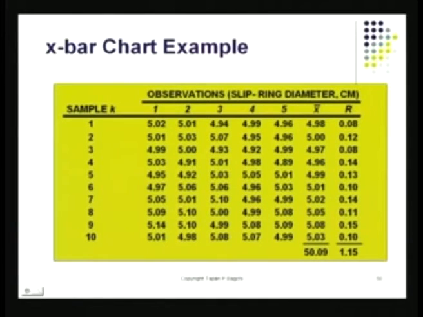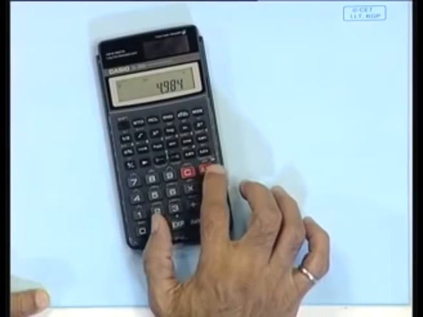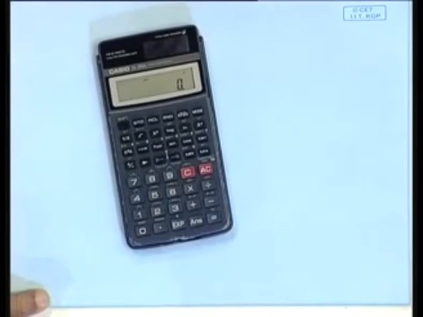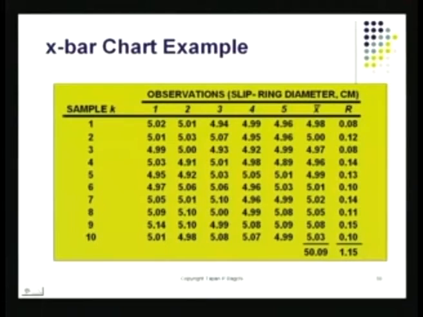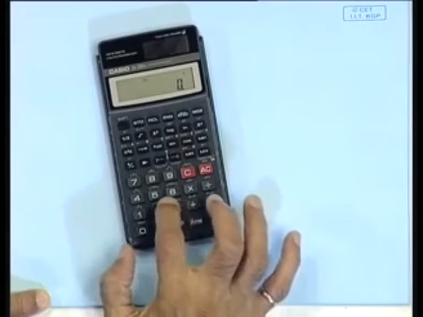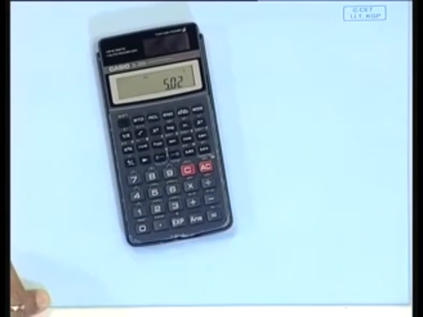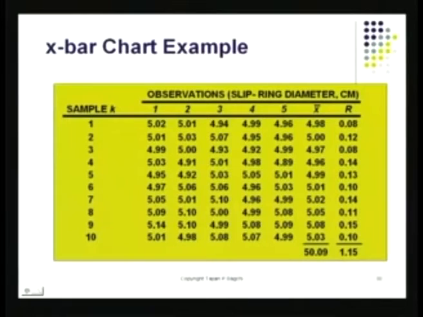Let's now try to find the value of R. How do I do that? I locate the maximum value of X in that sample. What is the maximum value? 5.02, 5.01, 4.94 and so on. So, this one is the maximum, 5.02. Now, this is the max X value. What is the min X value in this? It's 4.94.